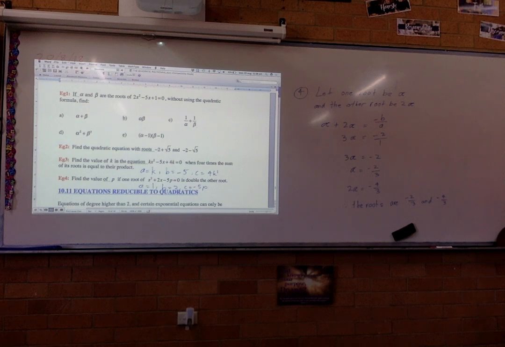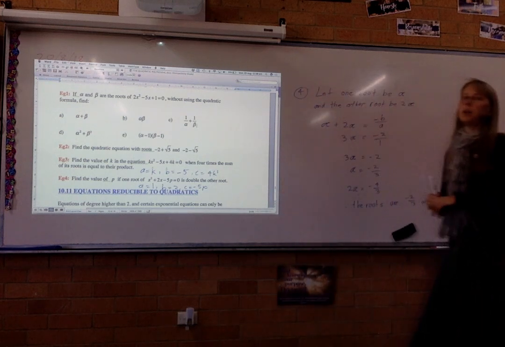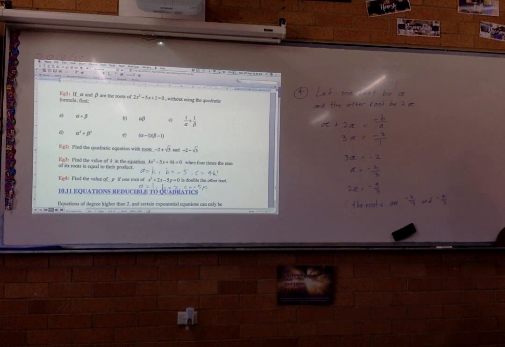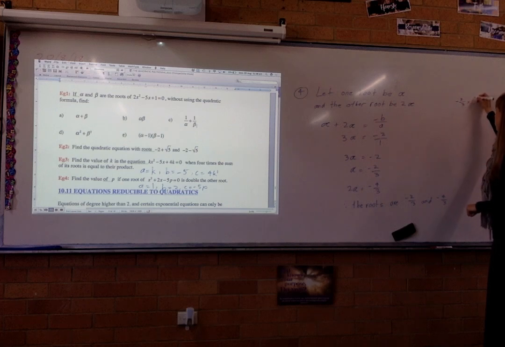Now, we could then find out what p is from there. So it says find the value of p. Well, p comes up in the product of the roots. So minus 2 on 3 times by minus 4 on 3.